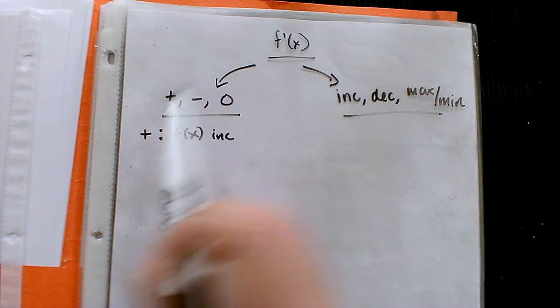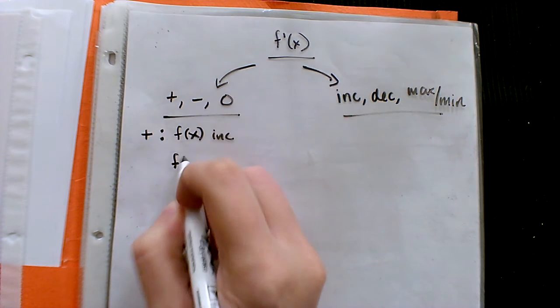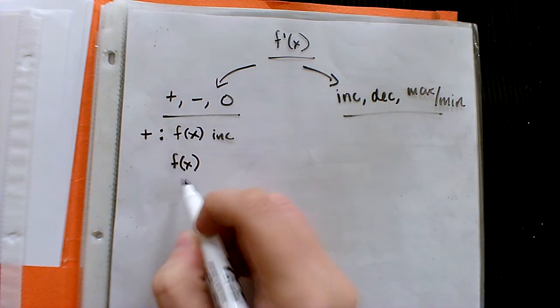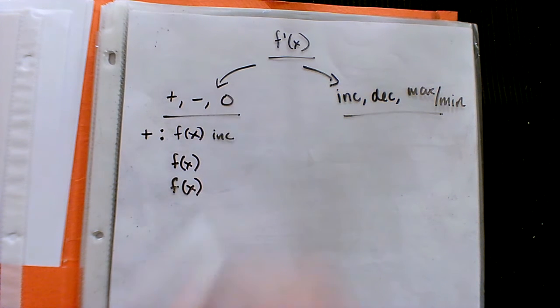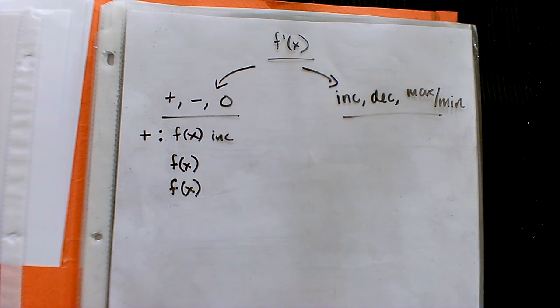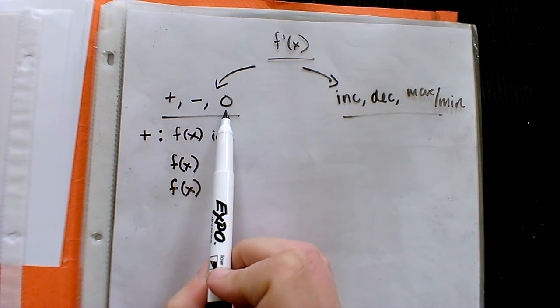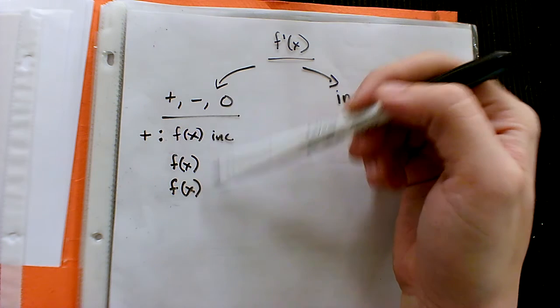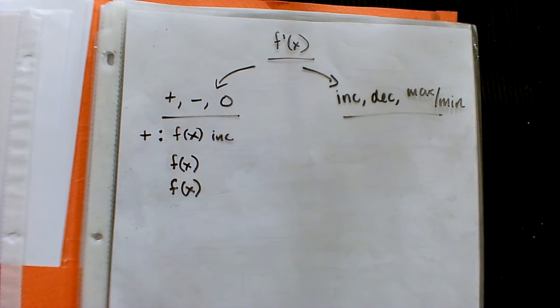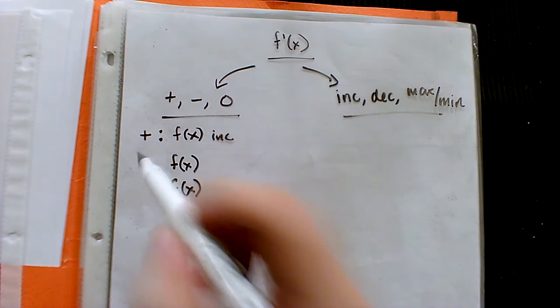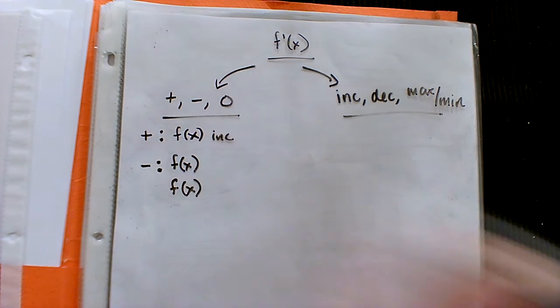So if the first derivative is positive, negative, or 0, we're only going to have connections to the original function here. So when you analyze positive, negative, or zeros on a derivative graph, your conclusion is something about the original function, always and forever. What if the first derivative is negative?